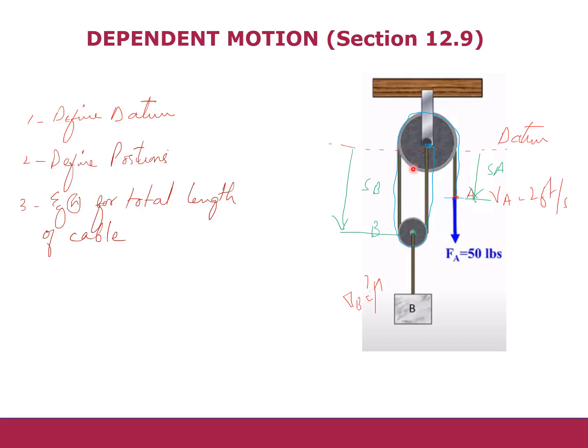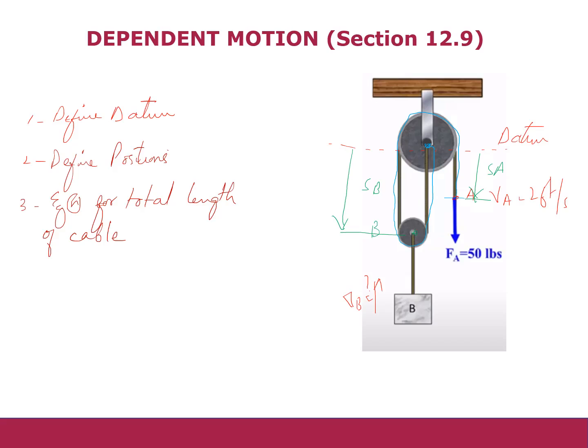So that is why these distances are changing. Whereas this is the segment of the cable which is wrapped on this pulley, and this is also the segment which is wrapped on this pulley, and the motion is not affecting this length of the pulley, right?